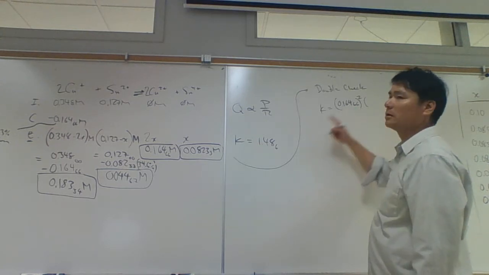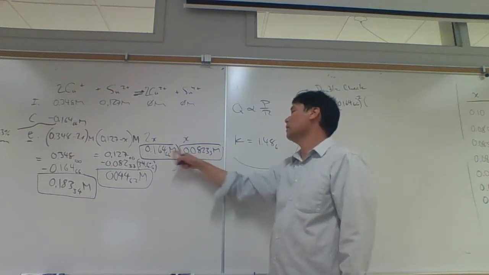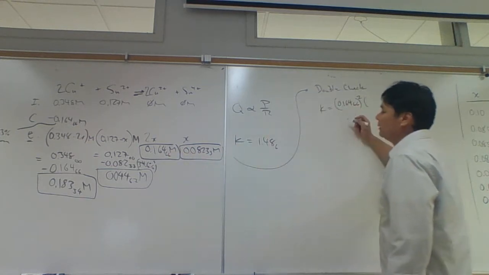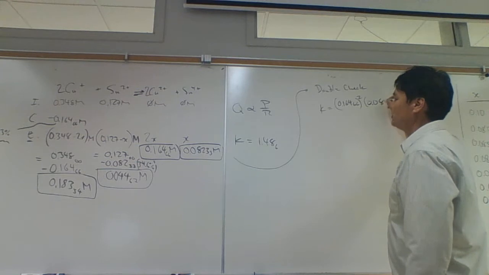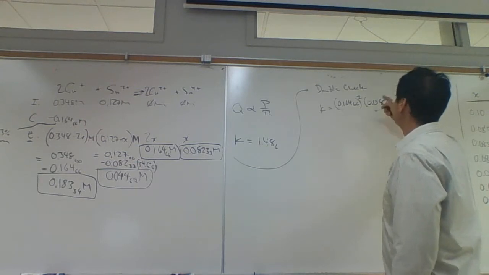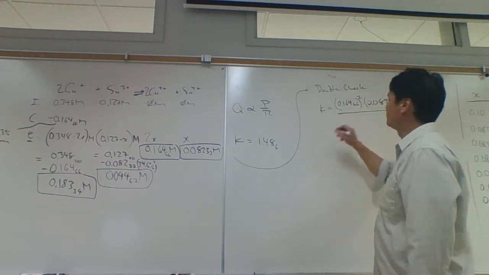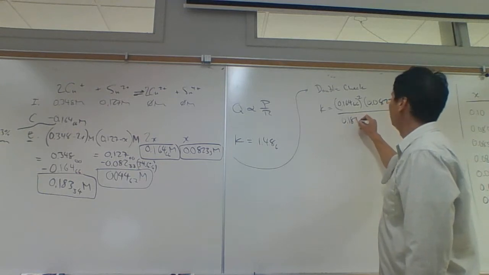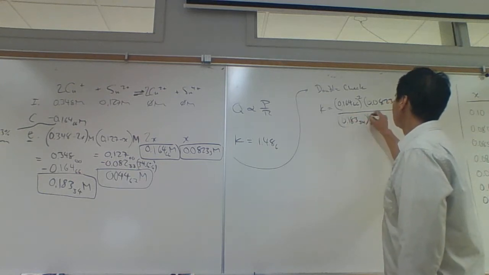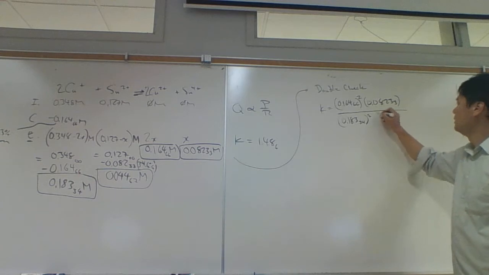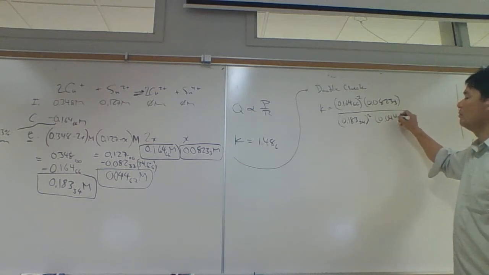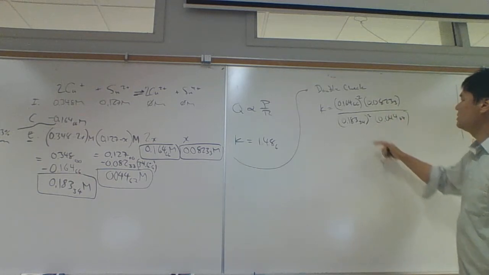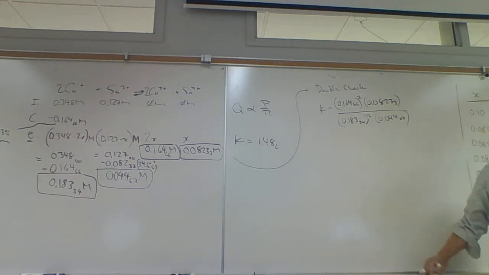Well, for the products, I'm doing the products, over the reactants. Now we'll do the reactants, which would be 0.18334, squared because of the coefficient, times 0.04467. The reason I'm carrying extra digits here is because I want to minimize round-off error.